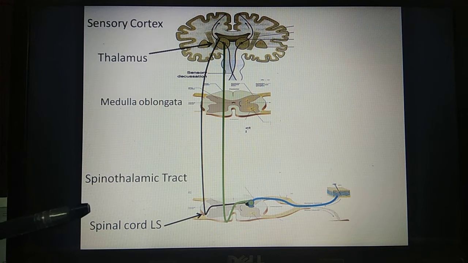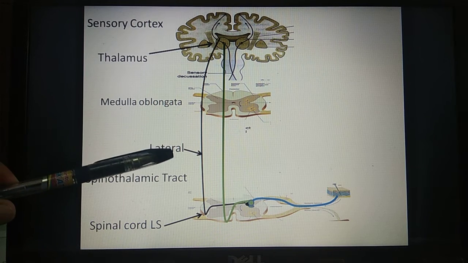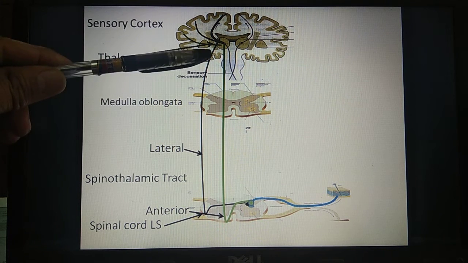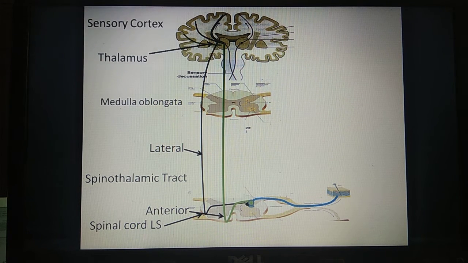Now this tract is called the spinothalamic tract. This is located laterally, so it is called the lateral spinothalamic tract. This is anterior, called the anterior spinothalamic tract. And from the thalamus, again fibers go to the sensory cortex.